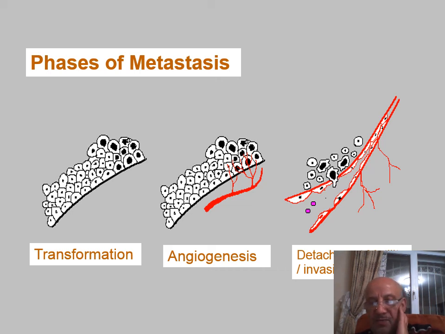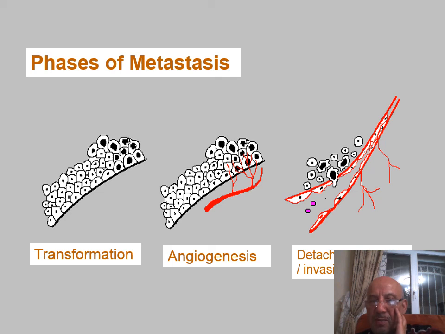in size. If it is 1 or 2 millimeters, they can survive by imbibing nutrition and oxygen from the surrounding structures. But once there is growth and development of the tumor, it needs its own blood vessels, so you can see that the tumor initiates vascular endothelial growth factor, and they make their own blood vessels here. Those blood vessels are usually not so compact and not so good like the normal vessels, and they are weak.